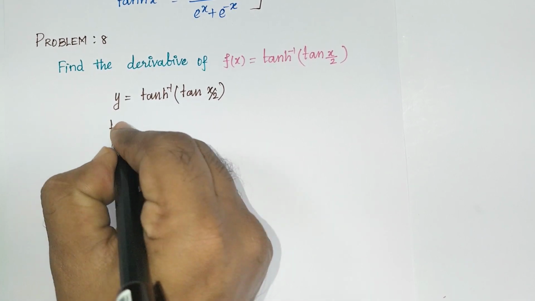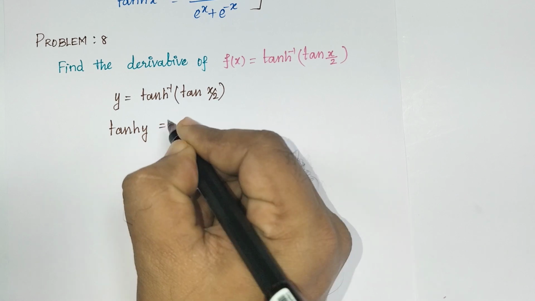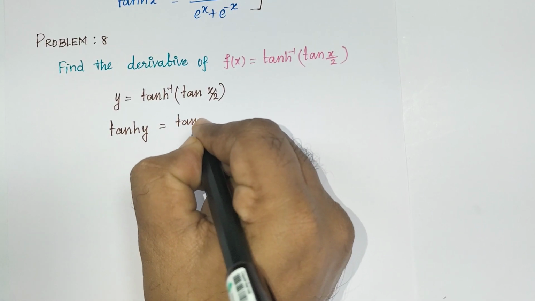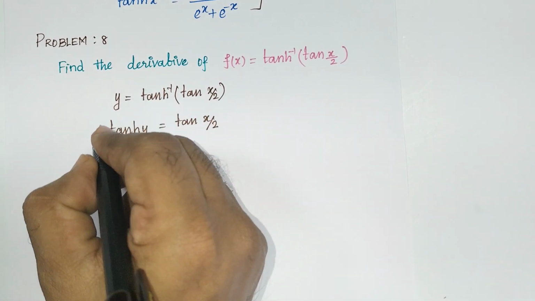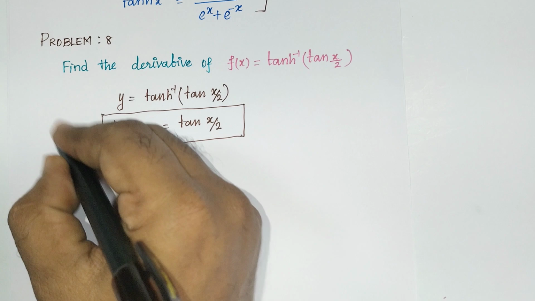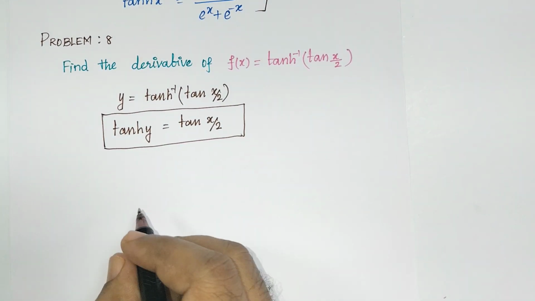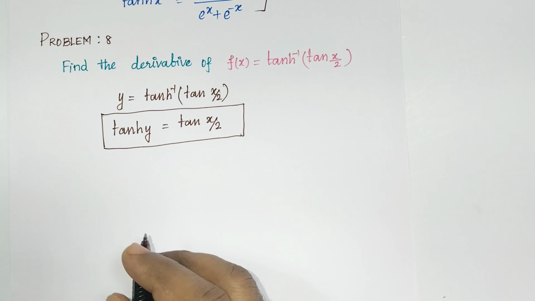I will get tanh of y equal to tan of x by 2. So this tanh inverse I am shifting to the numerator, for left hand side the inverse will cancel, we will get tanh y equal to tan x by 2.